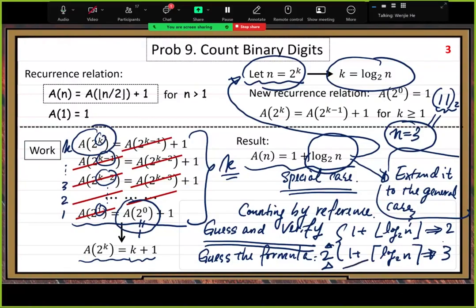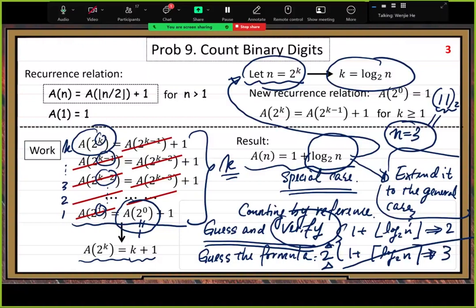That means the second option must be wrong. So we shall only keep the first option as our best guess. Then the question: how to verify it?